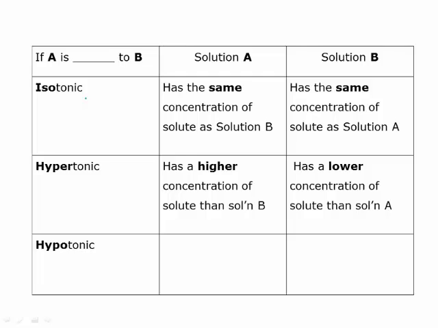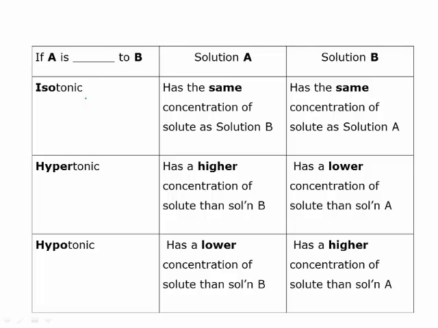If A is hypotonic to B, hopefully you're getting the hang of this. What we'll see is that A has a lower concentration of solute than solution B does, and that B has a higher concentration of solutes in solution than A. It's all about the wording. I could have just as easily asked B in reference to A. So make sure you remember, read the words carefully.